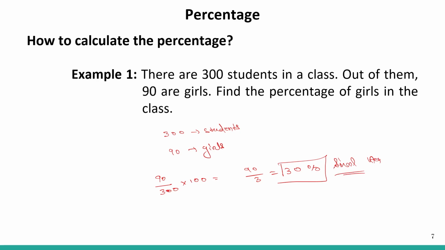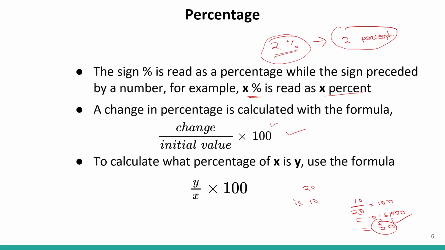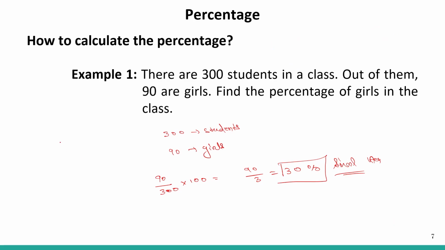Okay, so we use the formula for what percentage of x is y. So we try to calculate what percentage of 300 is 90.